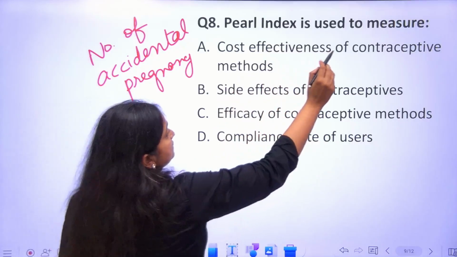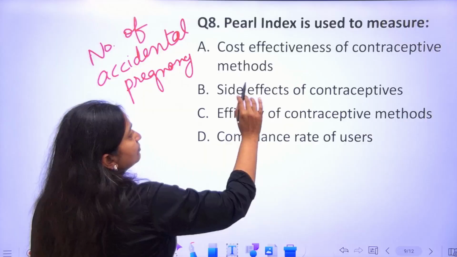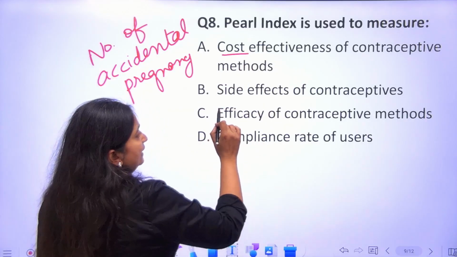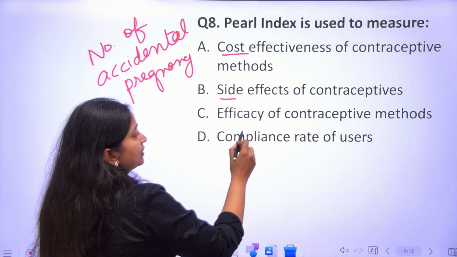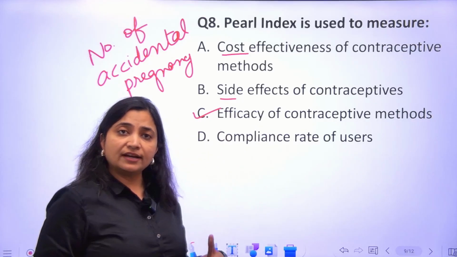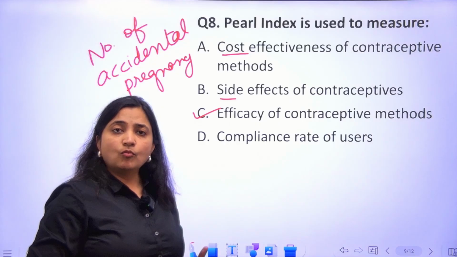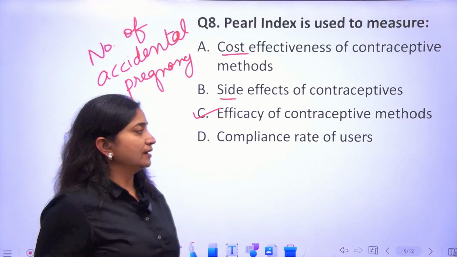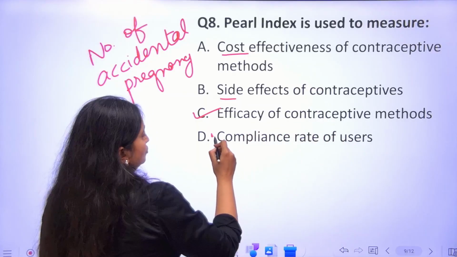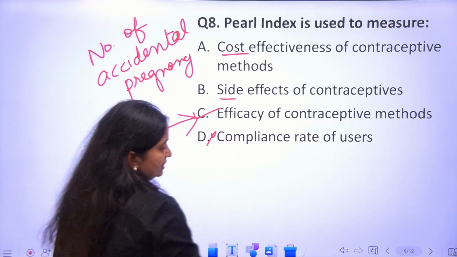So Pearl index is used to measure cost effectiveness of contraceptive method? Cost has nothing to do with Pearl index. Side effects? No. Efficacy? Yes, because we derive failure rate. So failure rate itself shows you the efficacy. More efficacy, less failure rate. So efficacy of a contraceptive method. And compliance? No. So our answer is efficacy of a contraceptive method.